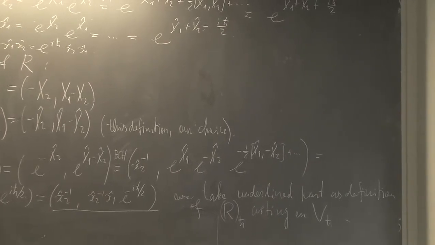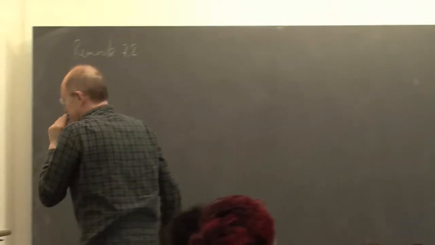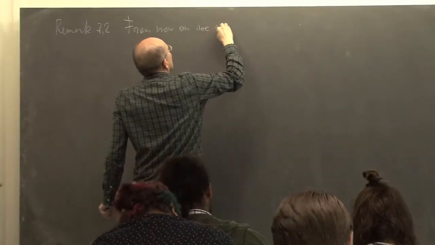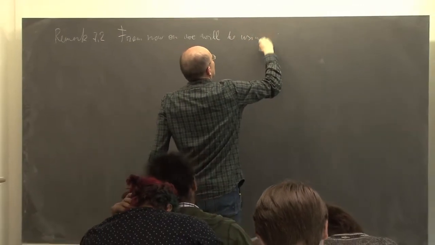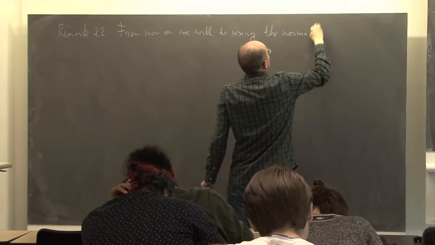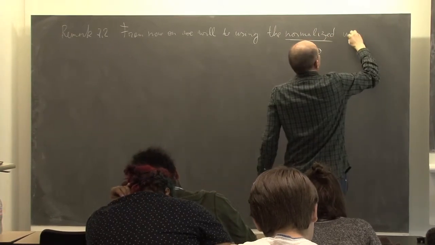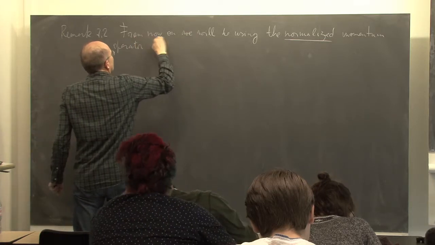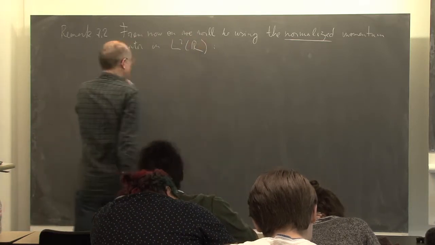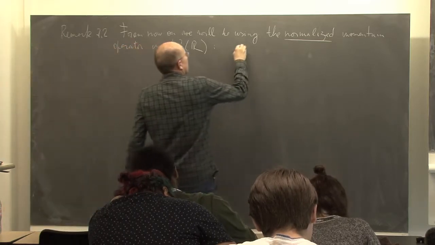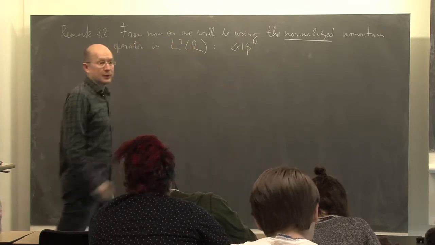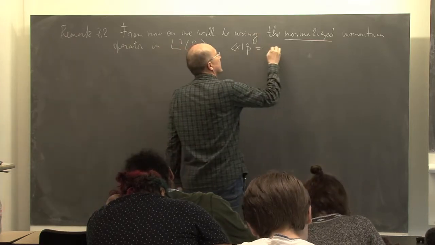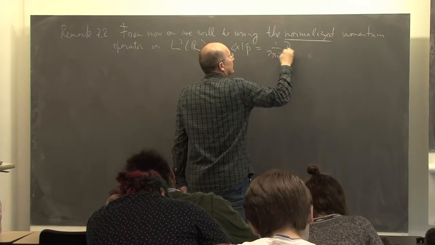Okay, the remark 7.2. From now on we will be using the normalized momentum operator in L2 of R. So what I mean here, the p hat, the momentum operator acting on the Dirac bra vector from the right is the same thing as 1 over 2 pi i d over dx x.